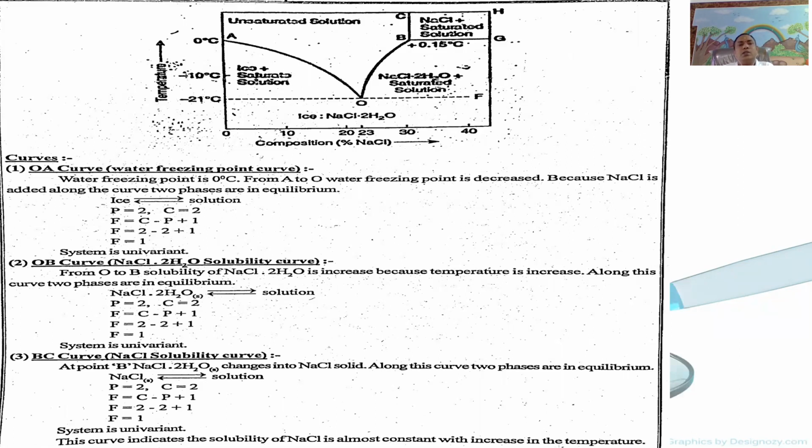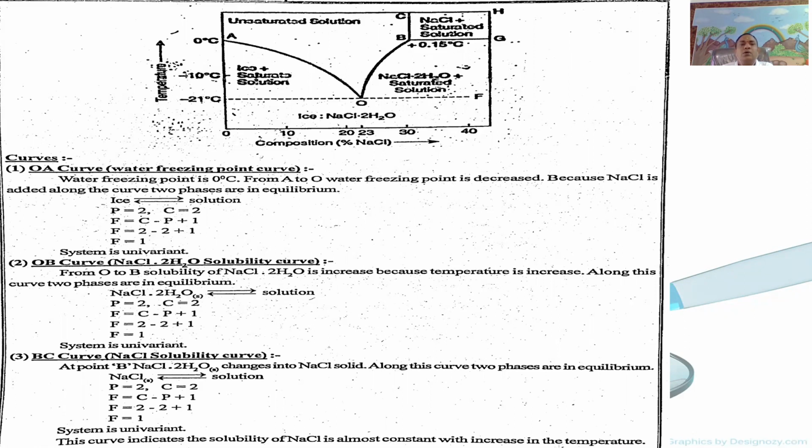Here generally the sodium chloride water system is a two-component system consisting of three phases: solid sodium chloride, solid water, and solution of sodium chloride water. Here, due to the absence of gaseous phase, it is a condensed system.